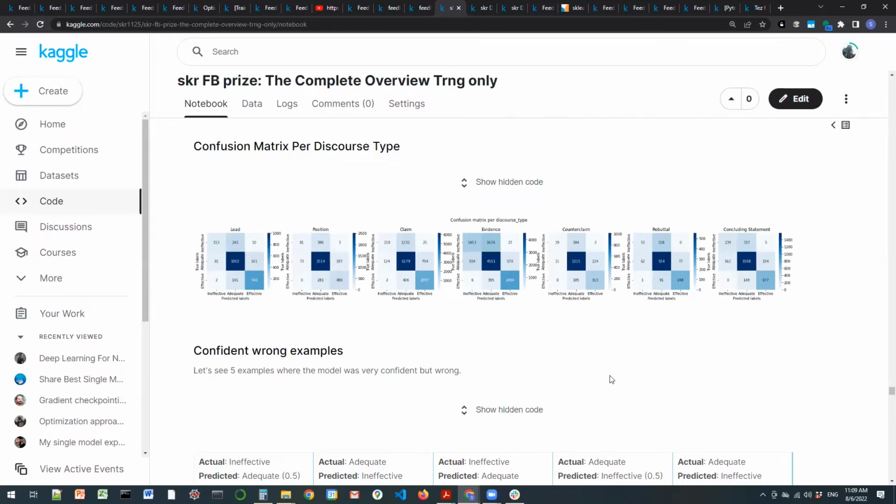Yeah. So also there is some weird formula for computing the actual metric, right? So it also uses the minimum of log loss.